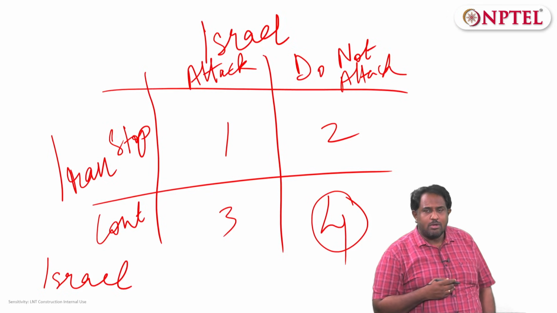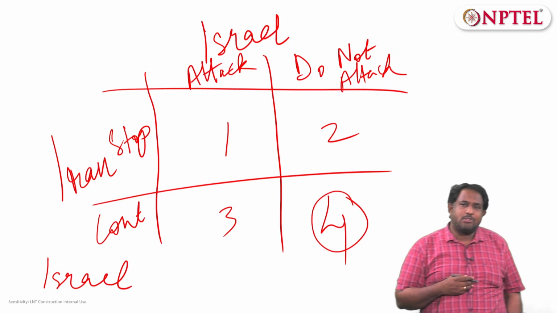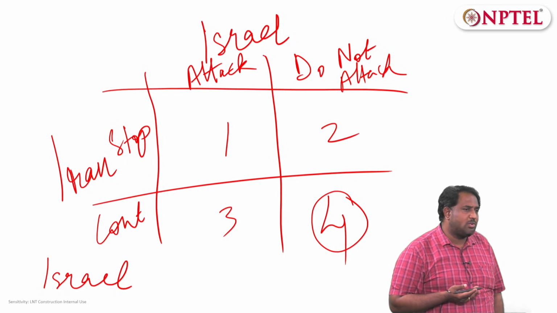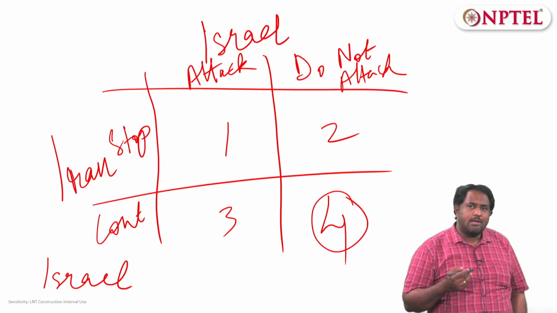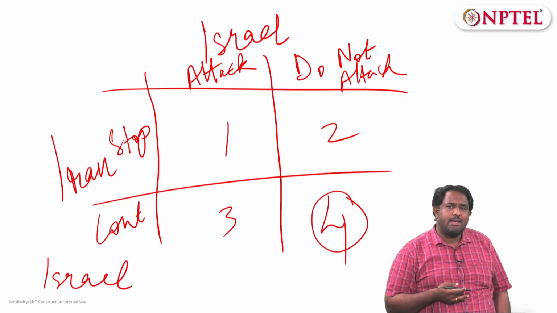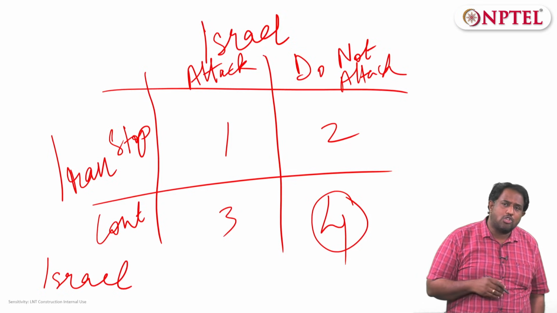So Israel would want to achieve its objectives. It's clearly in favor of wanting to stop Iran from pursuing nuclear weapons, right? Because that's completely antithetical to its own existence. So it's very clear that you are looking at the option along the stop row.